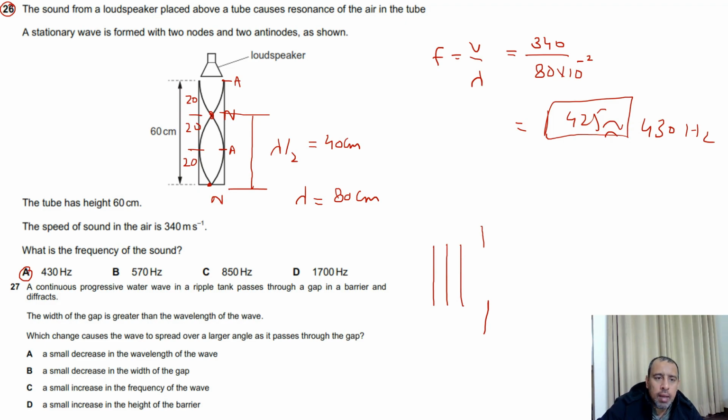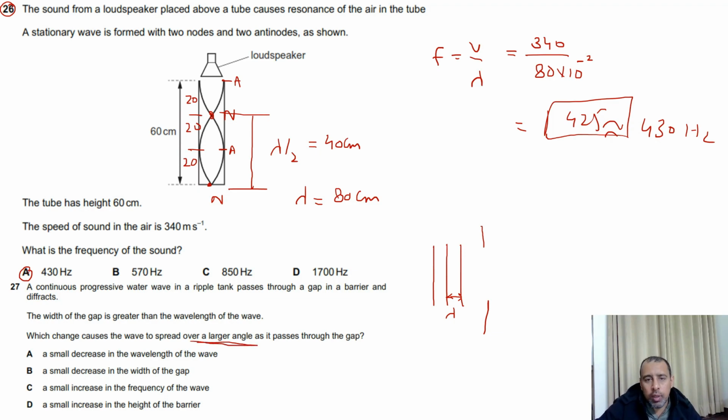The width of the gap is greater than the lambda, the wavelength. It means we have less diffraction, minimum diffraction. A change causes the wave to spread over a large angle. Over a large angle means more diffraction is required.